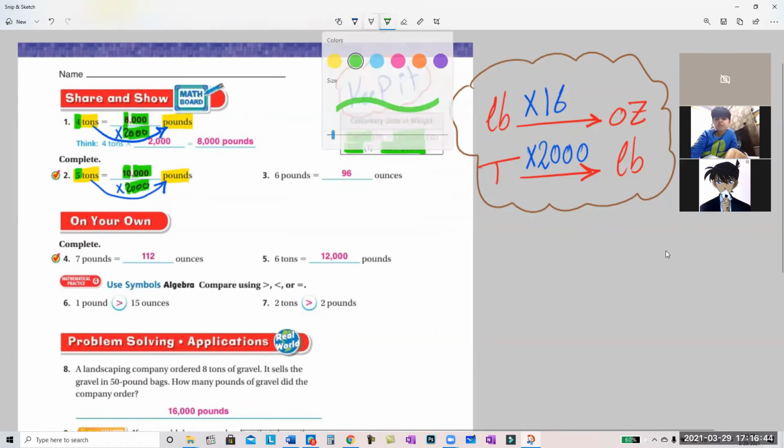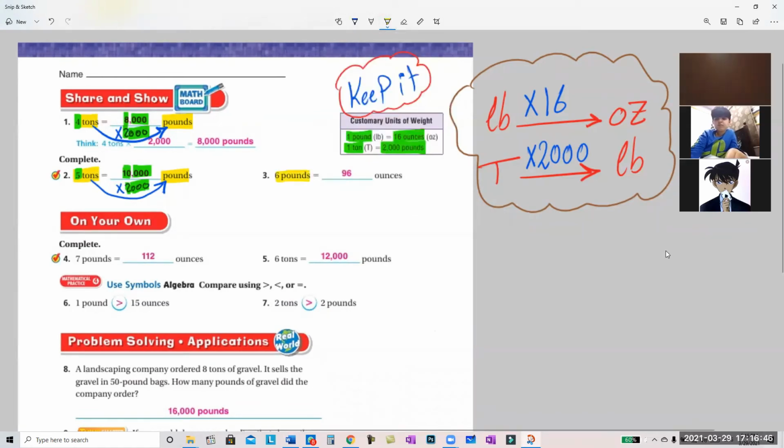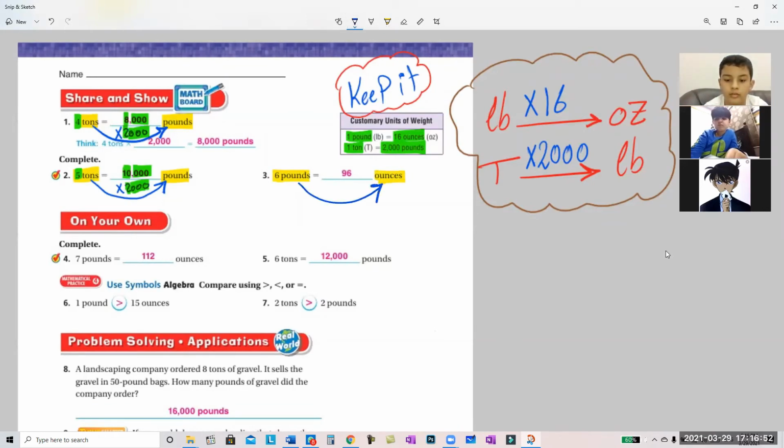6 multiplied by 16. We have here 6 pounds and we want to write it with ounces. So we're going to convert it by what? We're going to multiply by what? By 16, right? Yeah. Okay, let's multiply it here. So 6 multiplied by 16 equals what?